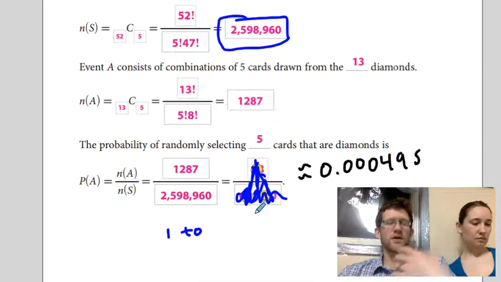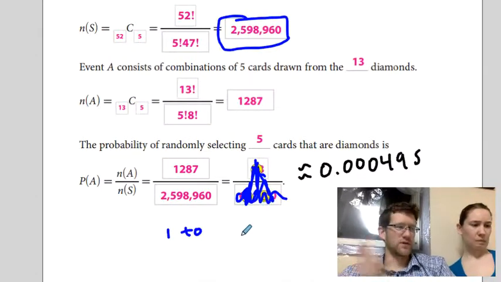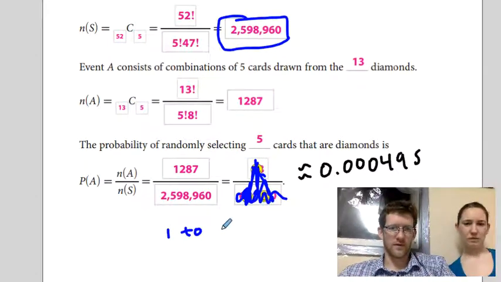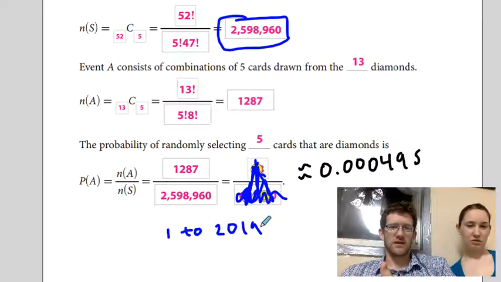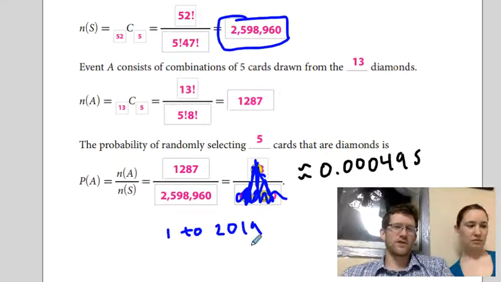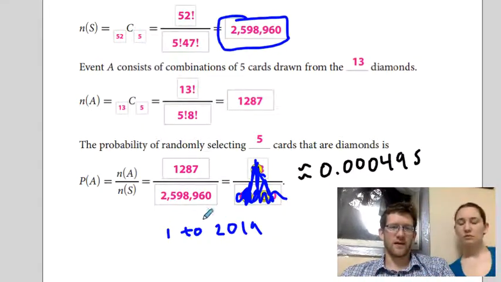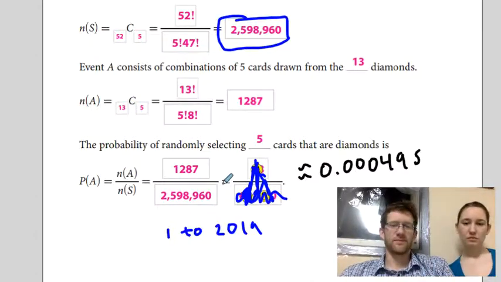This time we'll come out with a decimal, but we'll round it. What'd you get? I got 2019 and some change. Okay, so 1 to 2019 is your odds. So basically, every 2019 hands, on average, you'll get a diamond flush hand.